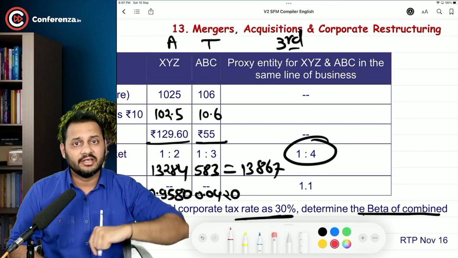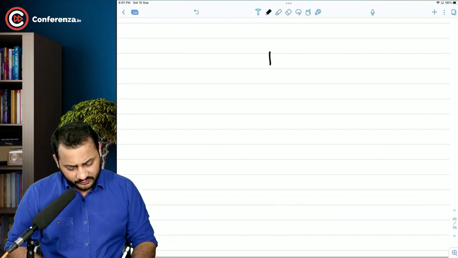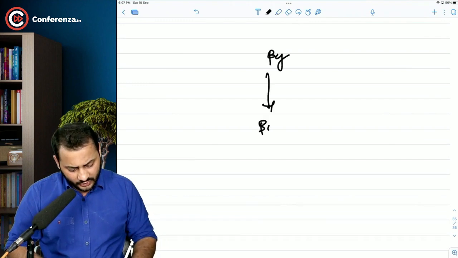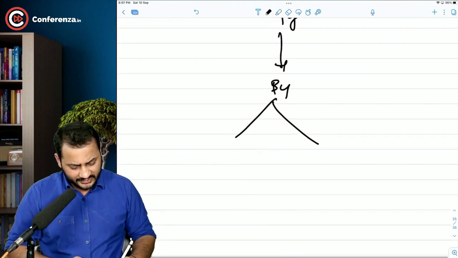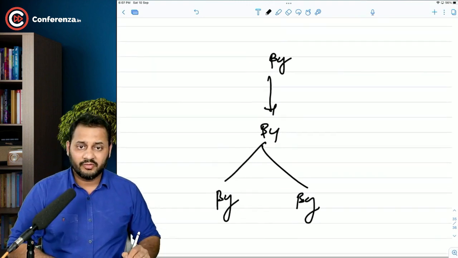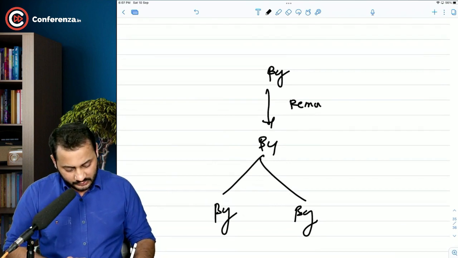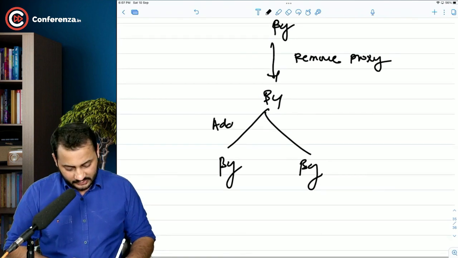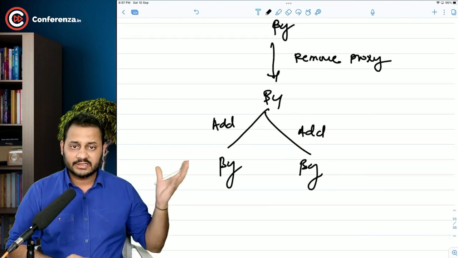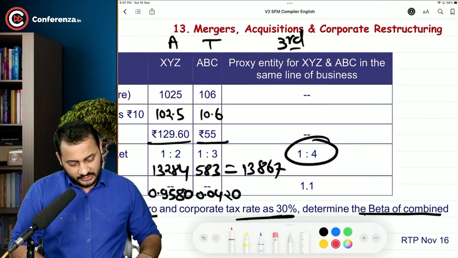So ultimately we converted this geared beta into ungeared beta and used it twice for two different companies to calculate the two geared betas once again. That's it. We removed the proxy's debt equity and added the ABC and XYZ debt equity. Simple question.